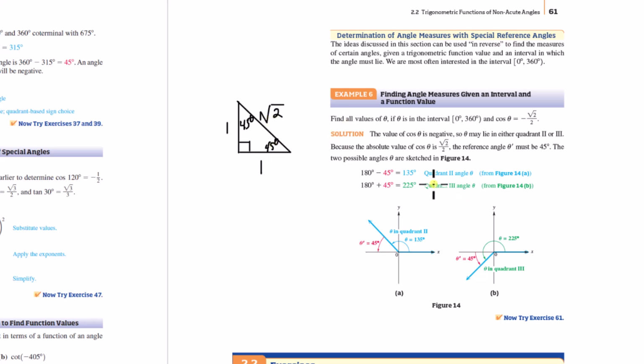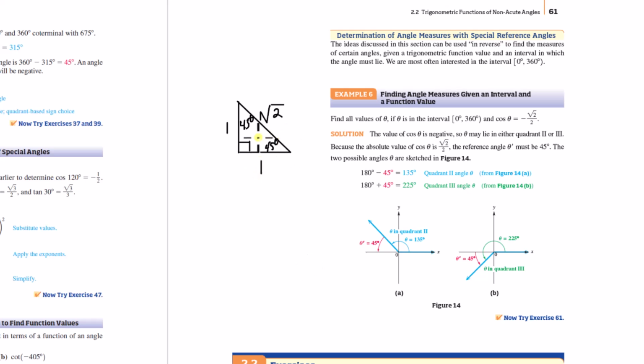Okay, but this is minus root 2 over 2. So what does that mean? We're thinking about cosine of some angle being minus root 2 over 2, which is like minus 1 over root 2. That's what we've been talking about in this section. Theta is not going to be 45 degrees because cosine of 45 is root 2 over 2.